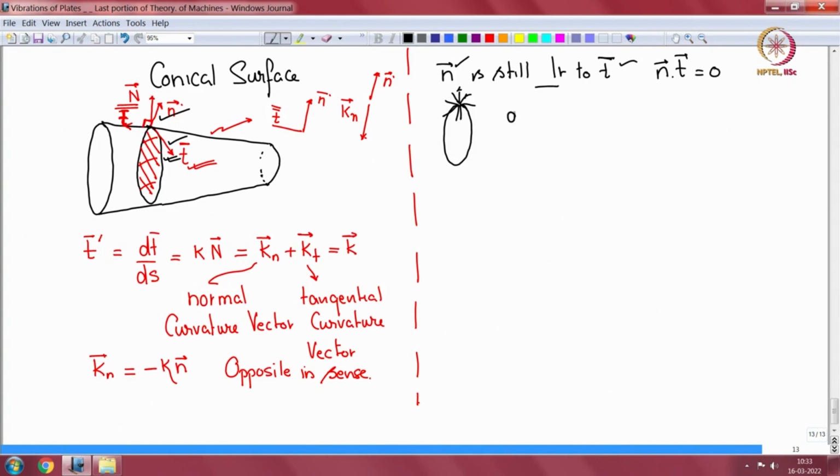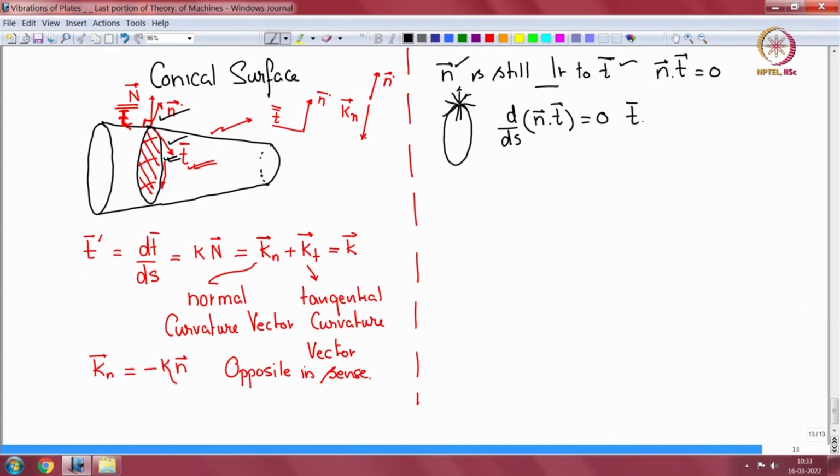And if we take a derivative with respect to the arc length, so this is the arc length, then we have the derivative equal to 0, which means what now?